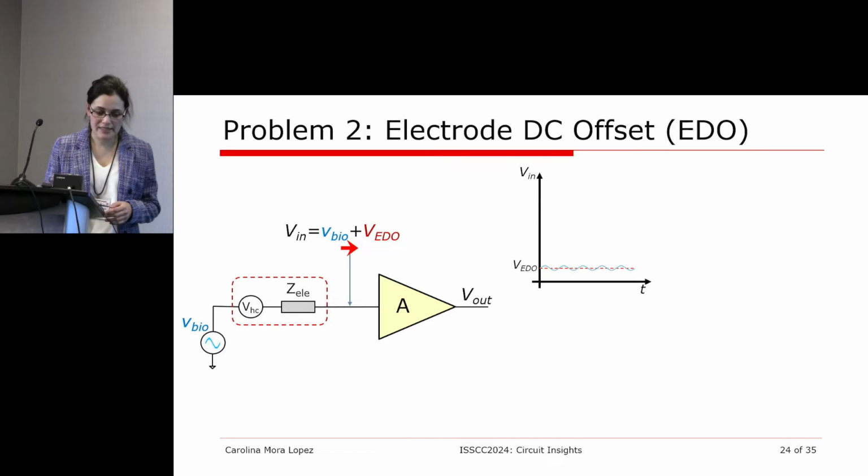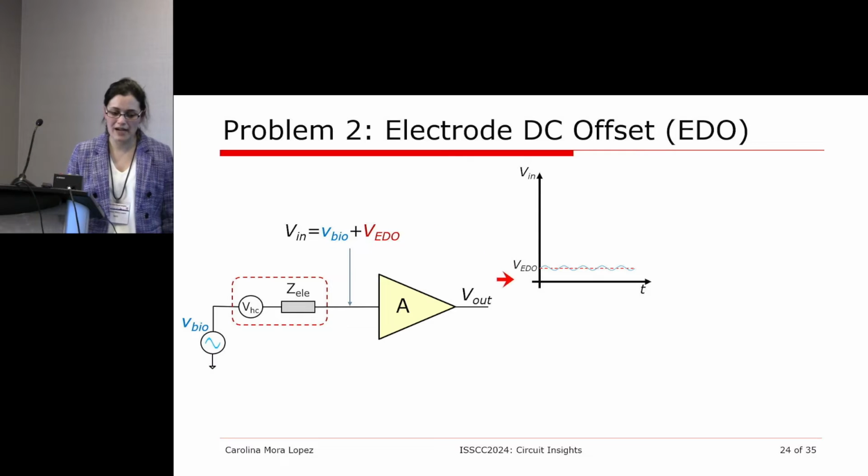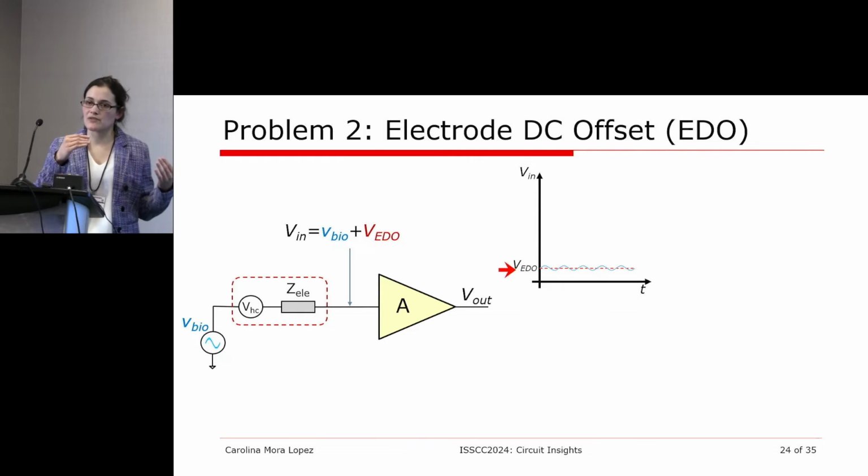If we plot this in time, the input will look something like this. Your electrode DC offset is maybe tens or hundreds of millivolts, so it's much higher than your small biological signal, and you have the signal on top.